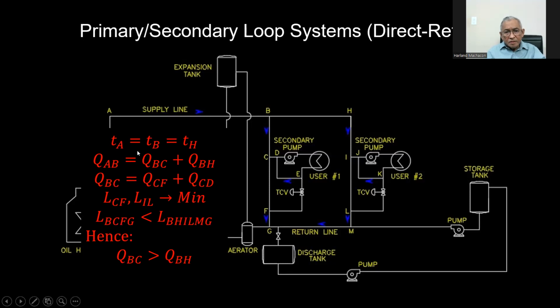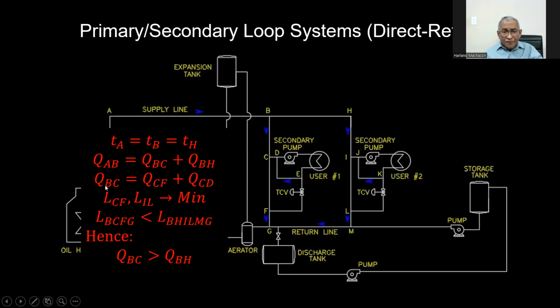We can see here that the temperature at A is equal to the temperature at B is equal to the temperature at H. And the flow Q from A to B is equal to the flow from B to C plus the flow from B to H. Okay, this is a junction at junction B. So the flow A to B is equal to the flow of B to C plus the flow B to H.